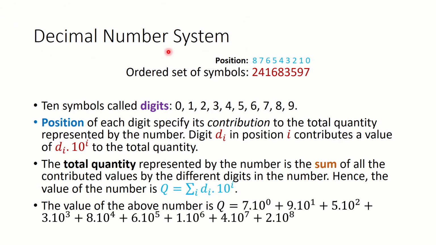If you change the number system, that value will also change, that we will see. However, in a given number system, if you have placed the symbols in a particular order, then the value or the quantity represented by that number will always remain the same, will always remain unique.